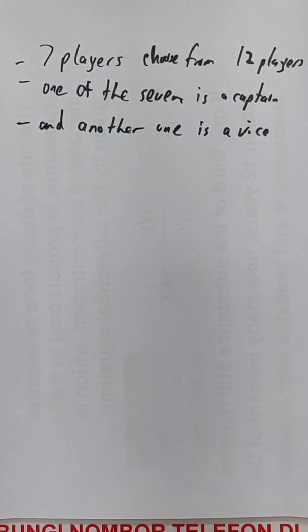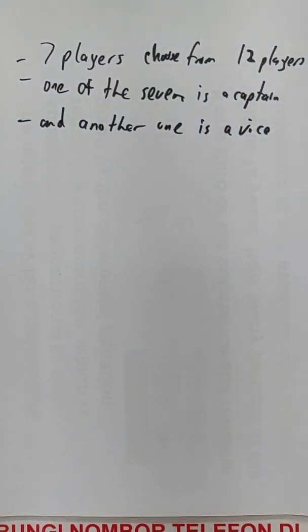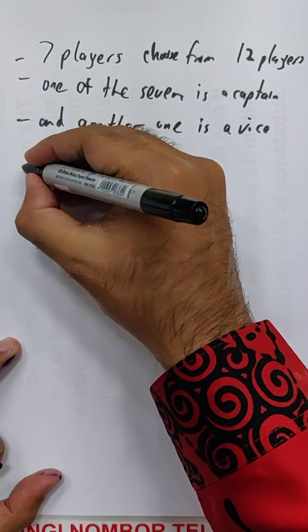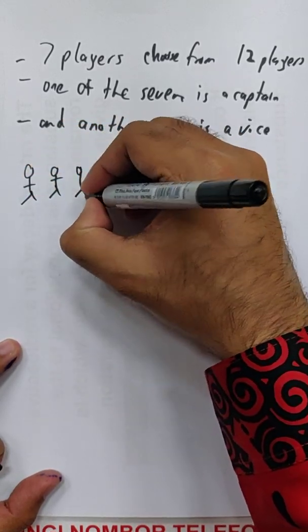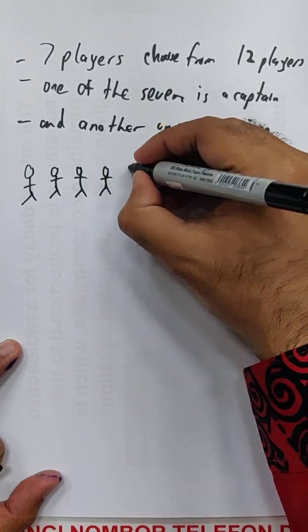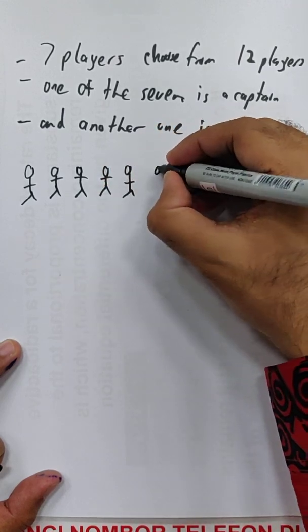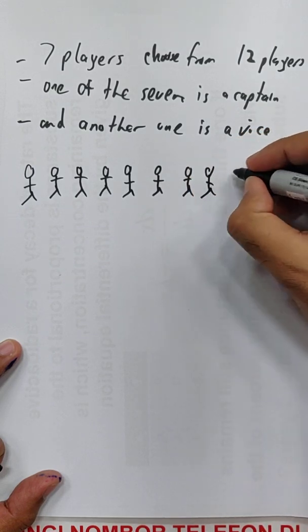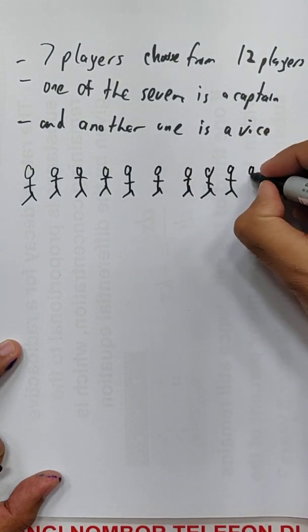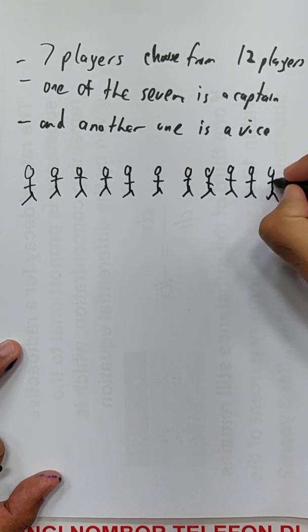Let's try this one. So 7 players chosen from 12 players. So let's say, with a very high graphic engine, 5, 6, 7, 8, 9, 10, 11, 12.